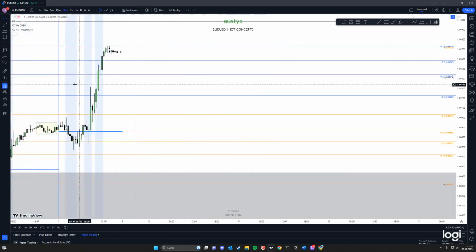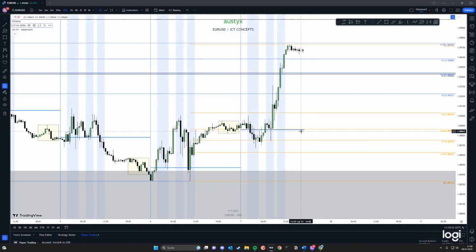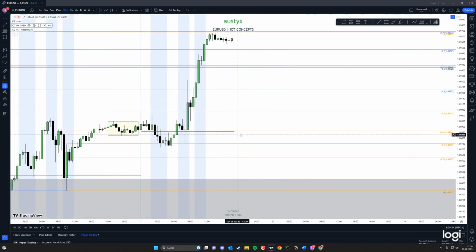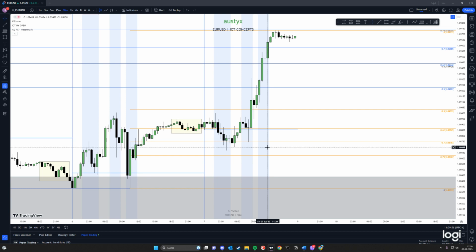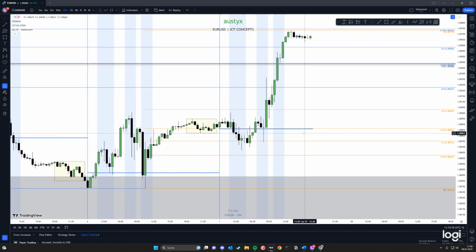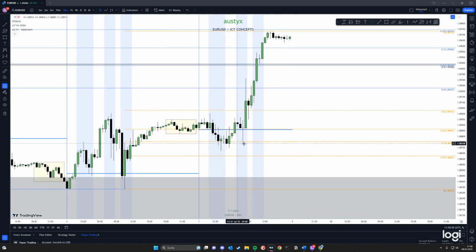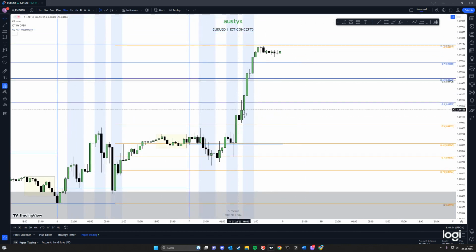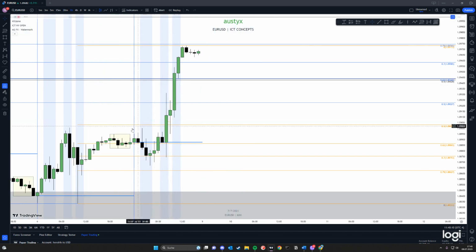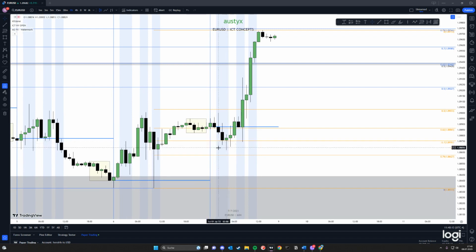I'm looking at a higher time frame for some PD array around this level. I don't think we will come down to the 0.7 level if this fib is actually of some importance, hourly maybe. Yeah, we have the rejection on these wicks.